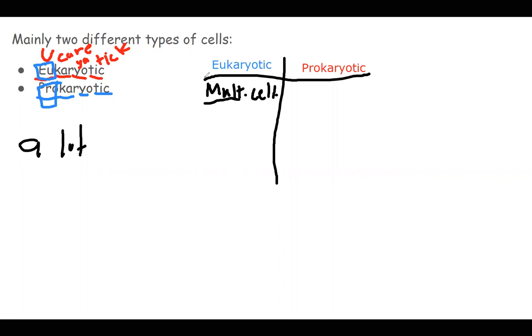So eukaryotic cells usually make organisms that are made up of thousands, millions, billions, or even trillions of cells. And this includes humans. An average human has at least 30 trillion cells. Can you believe it? That's how tiny they are.